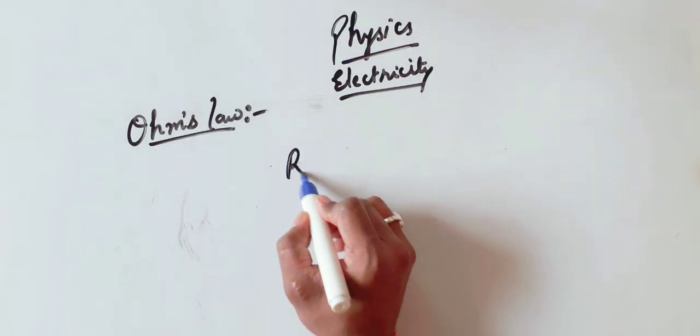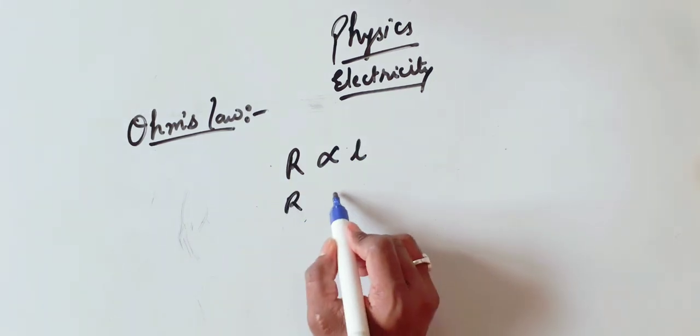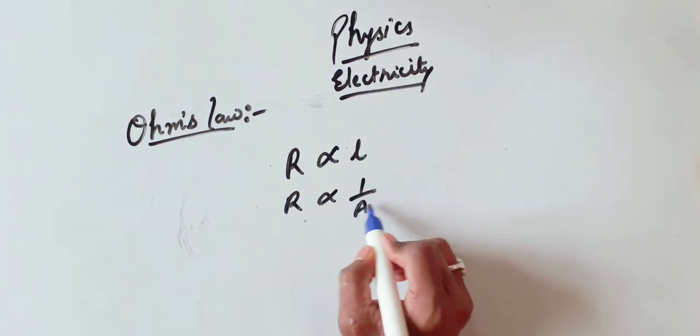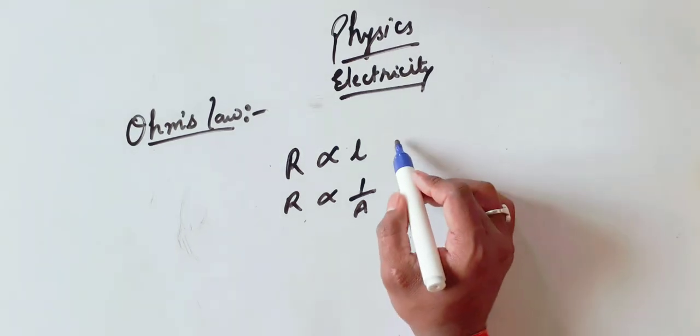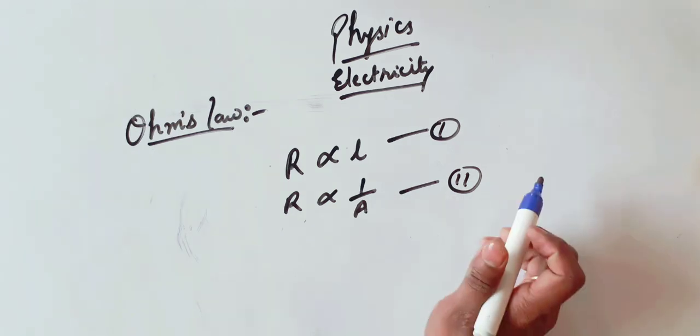Resistance of the wire is directly proportional to L, and also inversely proportional to A, the area of cross section. Let us suppose this is our first equation and this is the second equation.